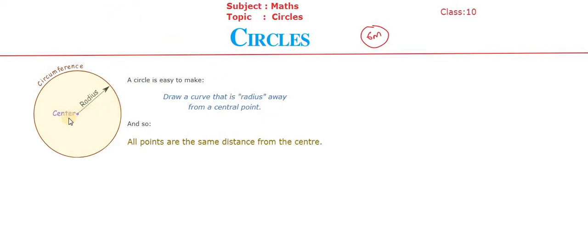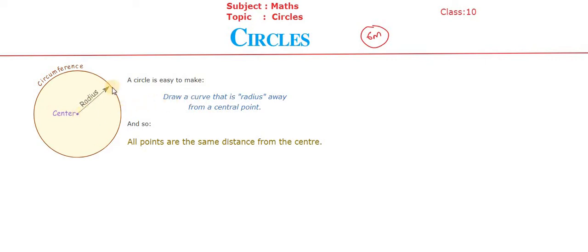So we know that this is the center of the circle, and this line segment we can call the radius, and this outer boundary is known as the circumference, and we can also call the circumference the perimeter of the circle.